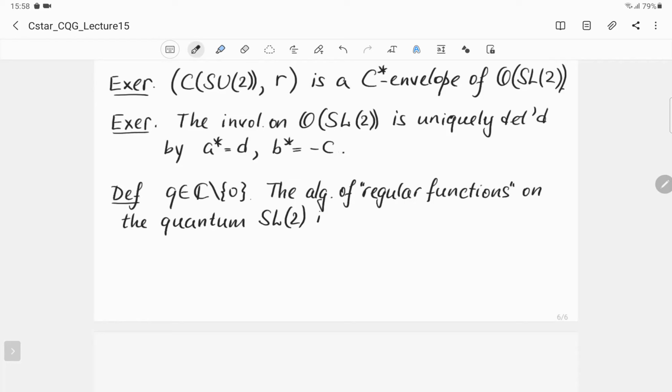This is the unital algebra denoted like this, generated by 4 elements.